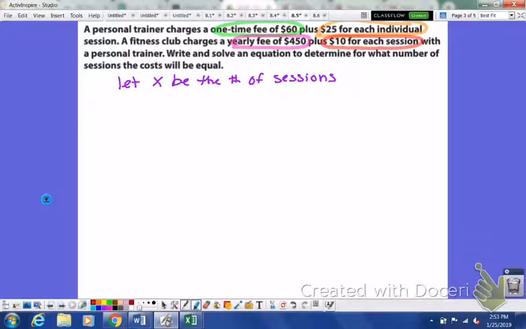So if I just think about the first situation, so one-time fee, $60 plus $25 per session, so that's 25 times x. My second situation, we have a one-time fee of $450 plus $10 for each, so 10 times x. And I want to know after how many sessions are they equal.